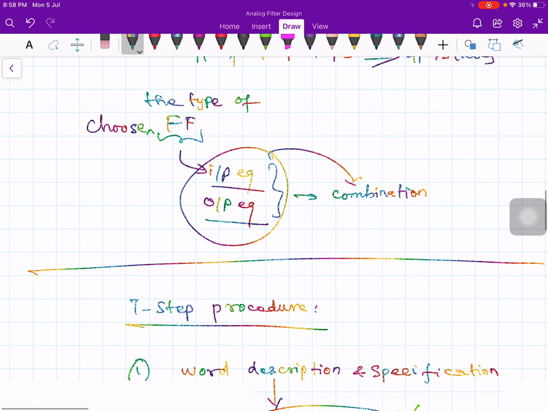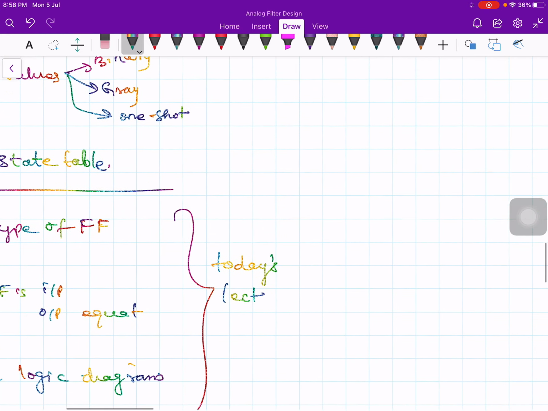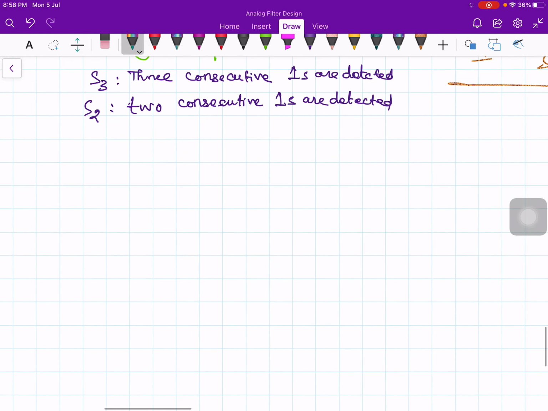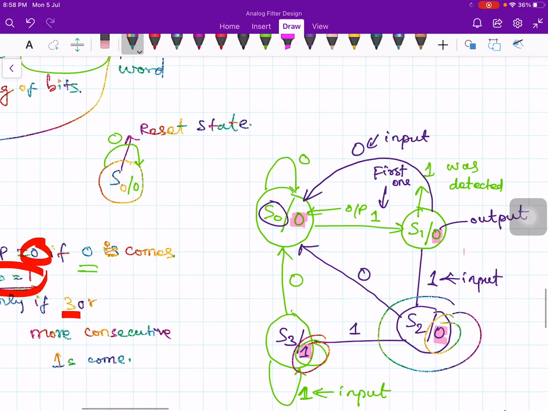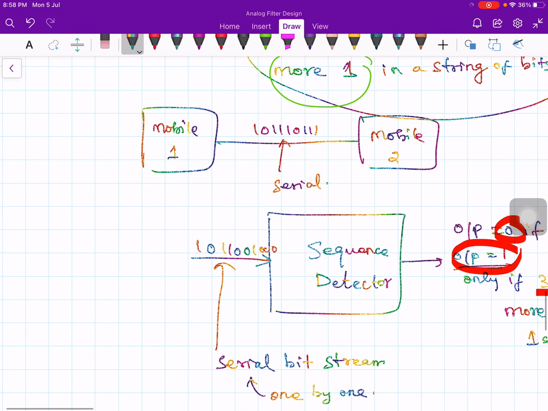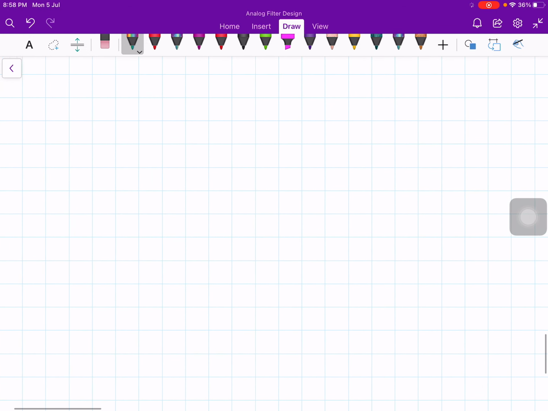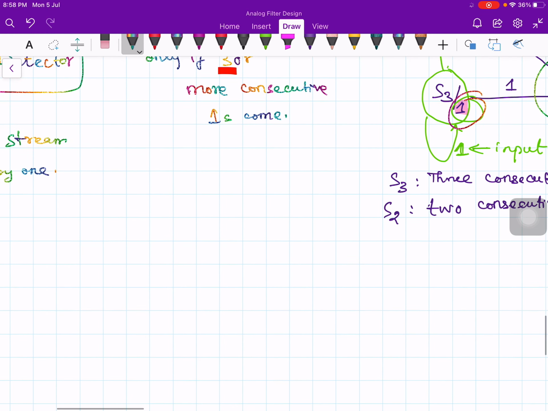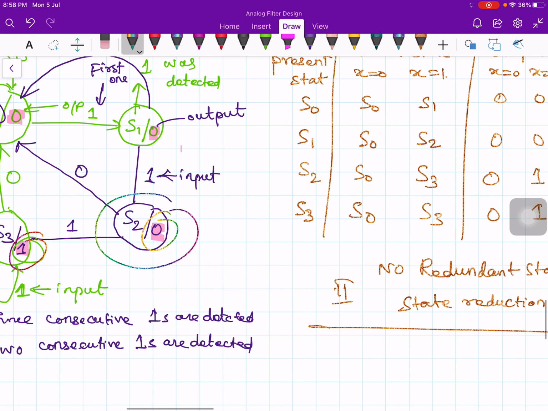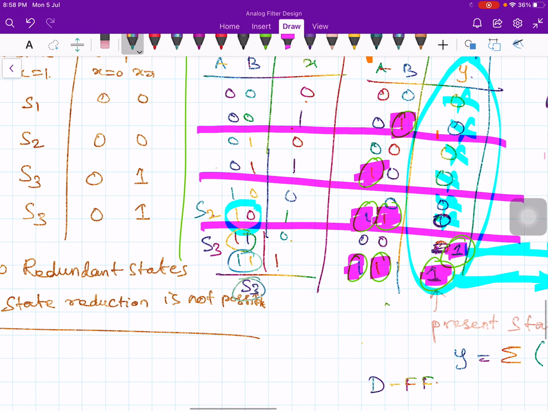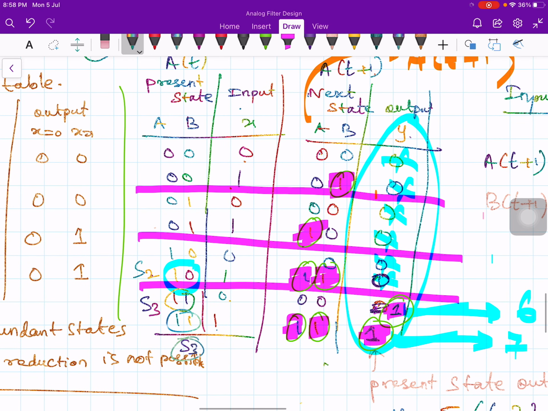For D flip-flop, you can get the input and output equations directly from the state table. You just look at the state table and you can find the input and output equations. But that is not the case for JK flip-flop and T flip-flop. You look at the state table here. When D type flip-flops are employed, the input equations are obtained directly from the next state.